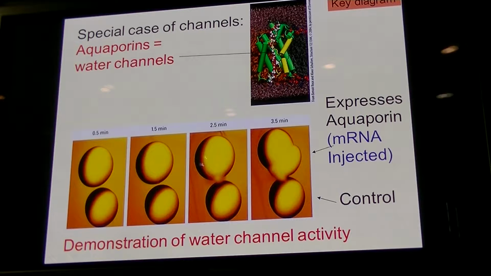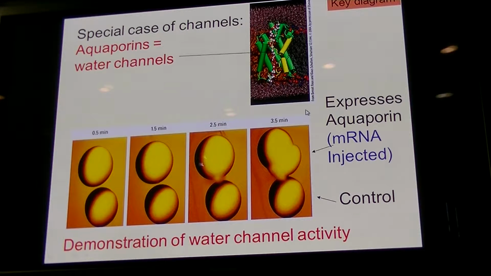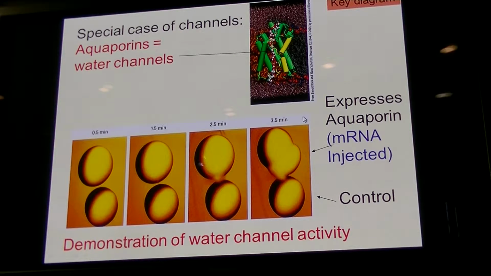So red is oxygen, white is the hydrogen. So it's really a chain of water that can move through. This allows for a much more rapid diffusion of water through the membrane than you can have without such a water channel.